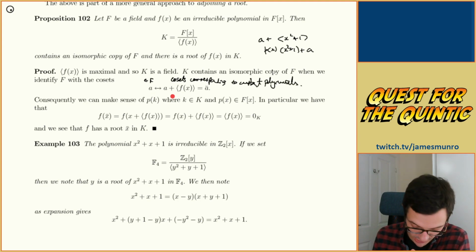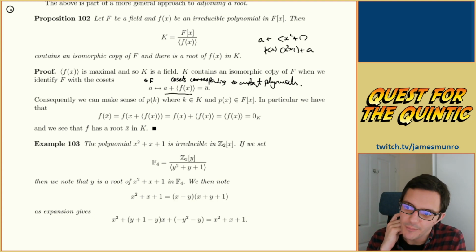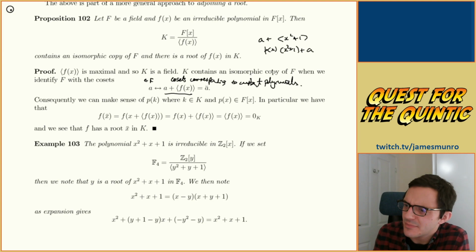Woof, that took a lot of parsing to understand what was going on there. K contains loads of stuff, probably. But in particular it contains constants. You can't just say constants because the quotient ring is all about up to an element of the kernel, up to an element of this thing you're considering to be 0.